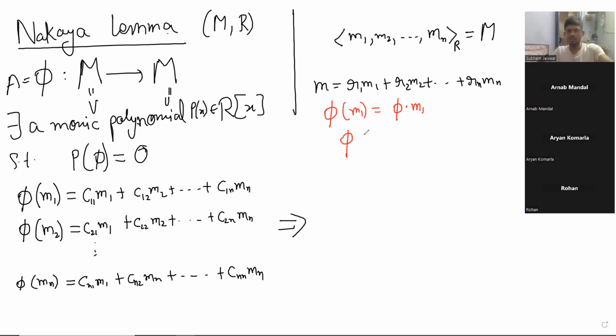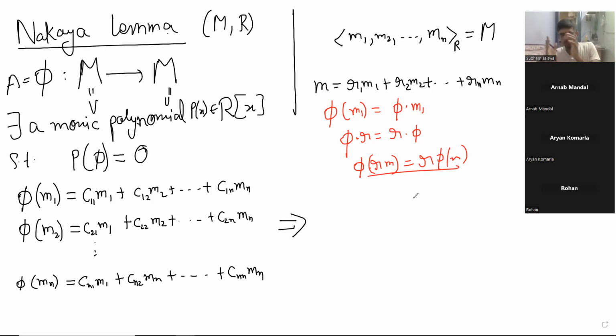Then phi of anything in the ring is equal to this, right? Because it's true for every m that this is true. That is the definition, right? The point is, think of it like this.